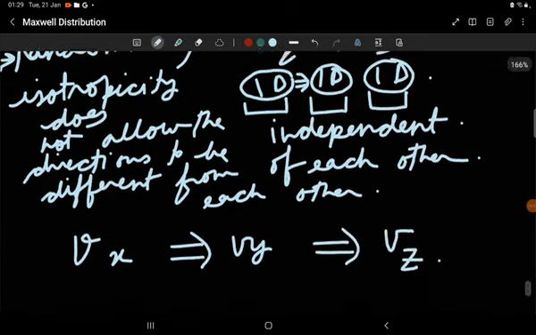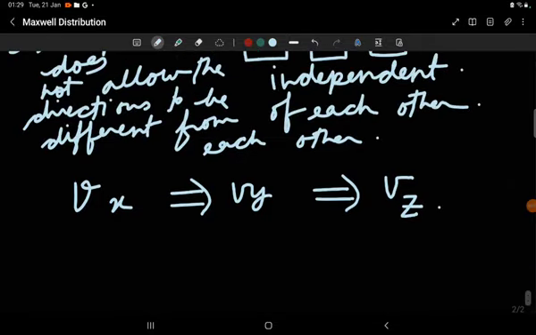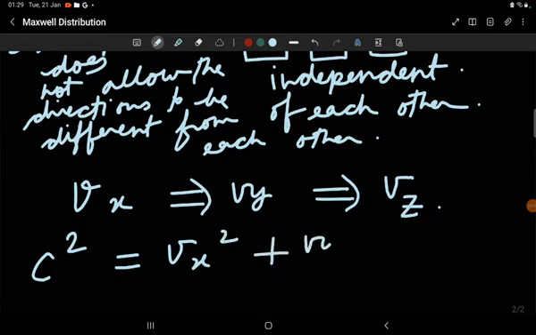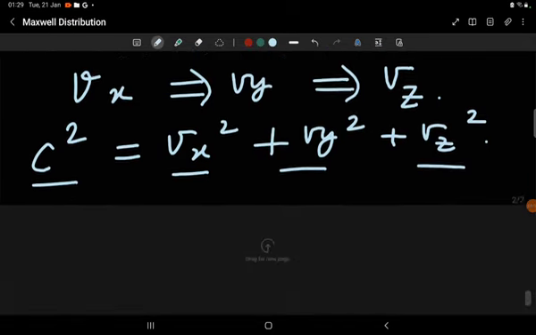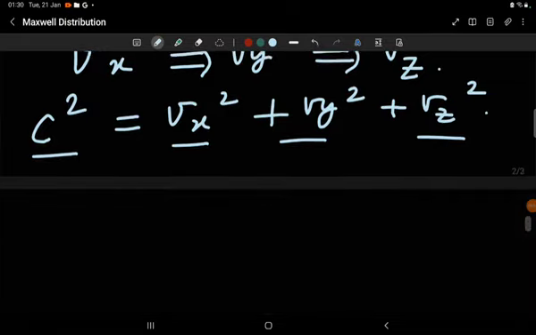But again, they are independent of each other, and so we should establish our famous relation between C, Vx, Vy and Vz, the famous vector resultant equation. This says that the components of velocity are Vx, Vy and Vz, and the net velocity in the 3D plane of the molecule is C. Right? So this is the premise of this derivation.